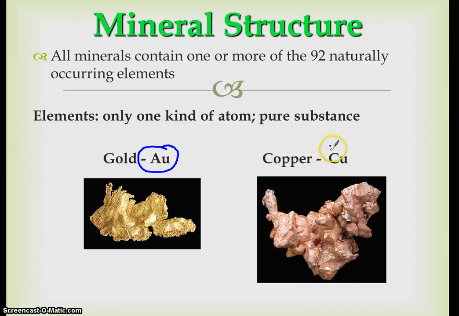Okay, copper is Cu. It's also on the periodic table. So each mineral has its own formula of elements that make it up. So if it doesn't have all of those elements in there, then it's not a pure mineral.